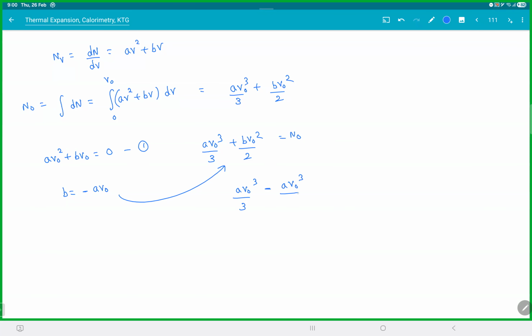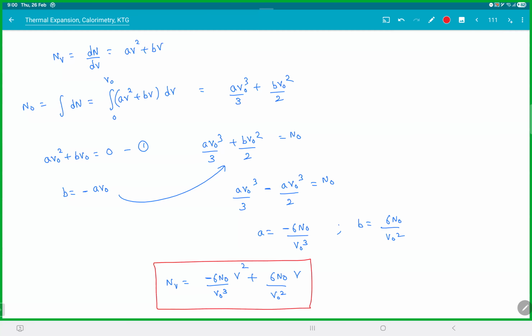A v naught cube by 2 is equal to n naught. This would give you a equal to minus 6 n naught by v naught cube. And b is equal to minus a v naught, so that is 6 n naught by v naught square. Therefore, your equation nv will be minus 6 n naught by v naught cube into v square plus 6 n naught by v naught square into v. This is the equation of that particular parabola. Again, I did nothing except a little math there. Check it out.